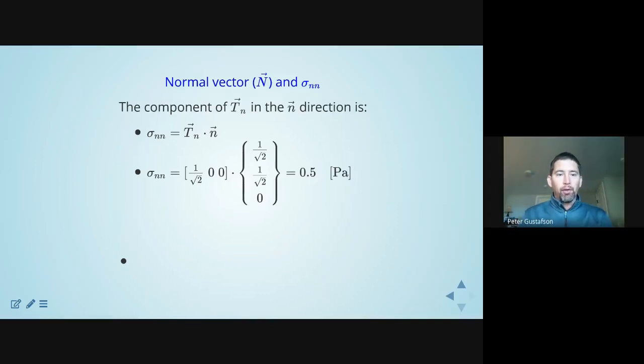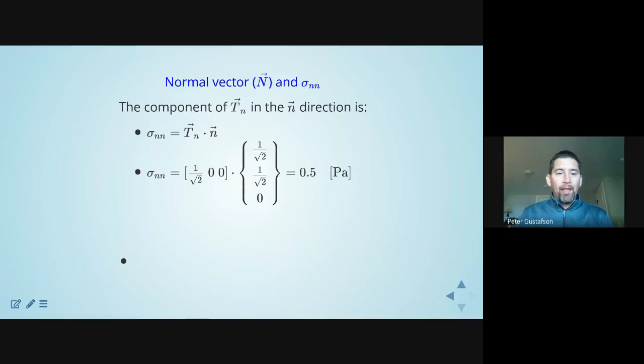So we had already computed the traction vector. The traction vector, of course, in this context is Tn. That was 1 over the square root of 2, 0, 0.